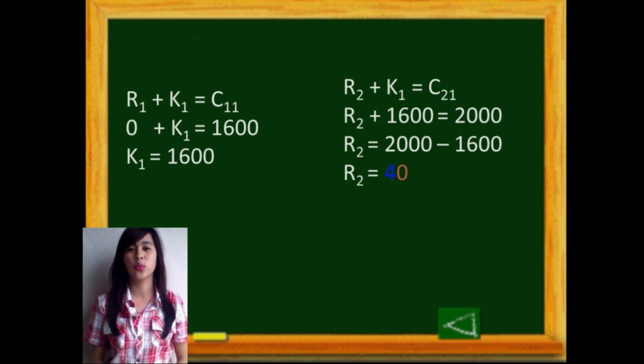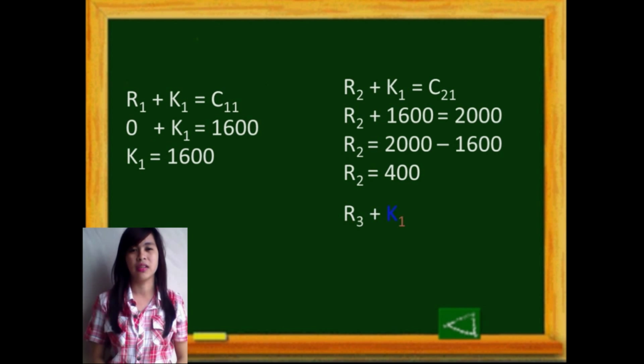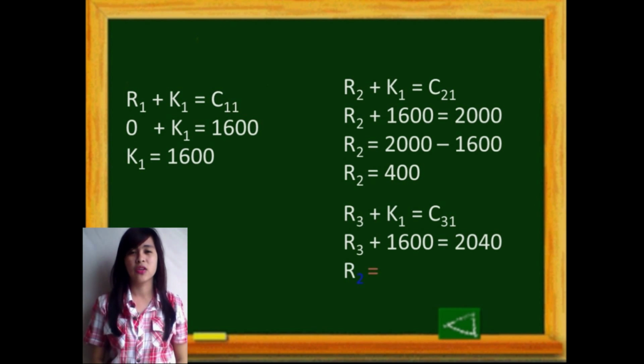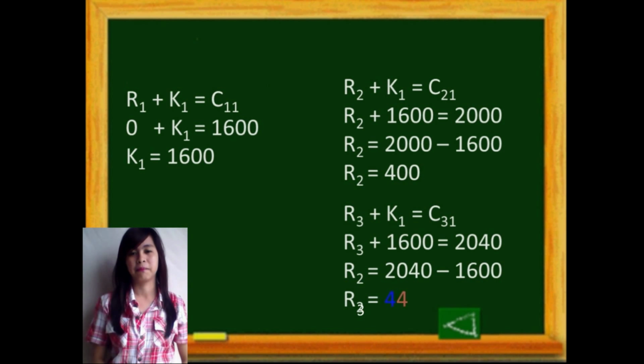R sub 2 is equal to 2,000 minus 1,600, and R sub 3 plus K sub 1 is equal to C sub 3,1. And R sub 3 plus 1,600 is equal to 2,040. R sub 3 is equal to 2,040 minus 1,600, which is equal to 440.